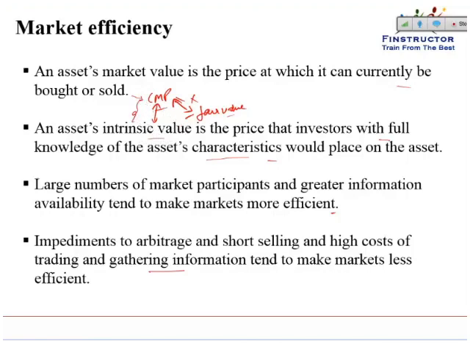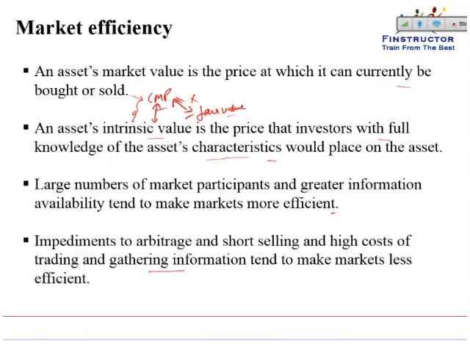Hence, to boost efficiency, regulators across the world try to reduce impediments to information and dissemination of information. They try to encourage dissemination of information equitably to all investors. So exchanges across the world mandate that for any listed company, any important news should first be disclosed to the exchange.